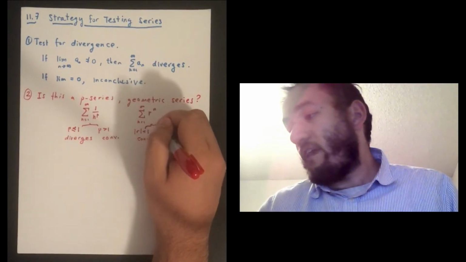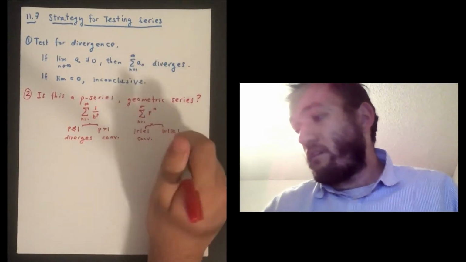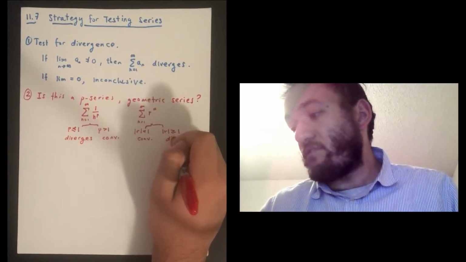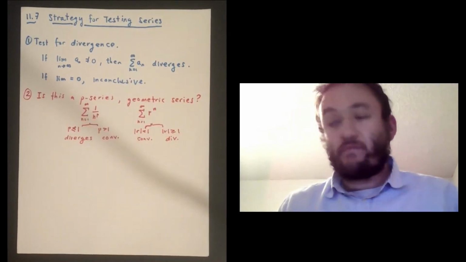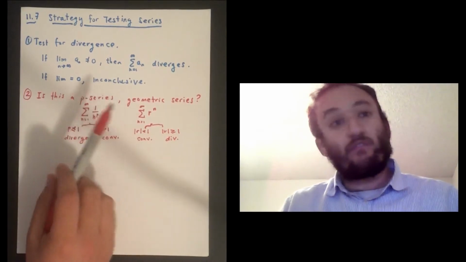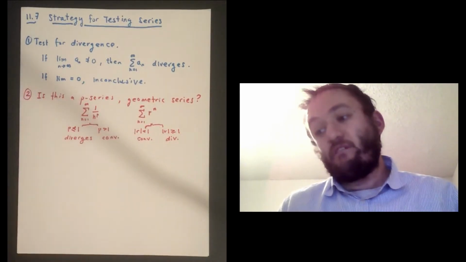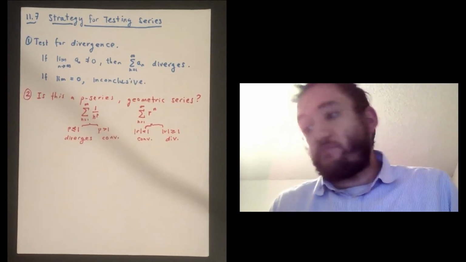And if the absolute value of r is greater than or equal to 1, then this diverges. Okay? So if you see right away, hey, this has one of these two familiar forms, this is a simple way to decide if the series converges or diverges.